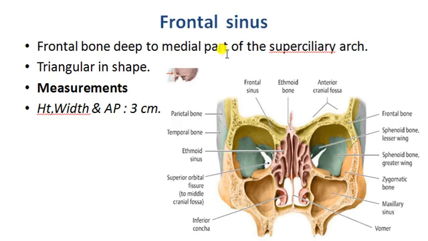Now we are moving on to an individual sinus, the frontal sinus. Here we have the superciliary arches, and just medial to the superciliary arch we can see the frontal sinus, which is triangular in shape. The measurements are almost 2.5 centimeters in height, width and AP diameter.